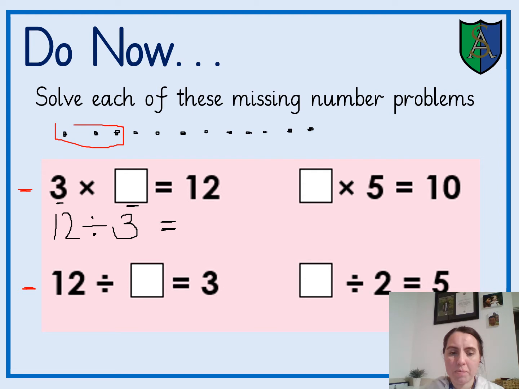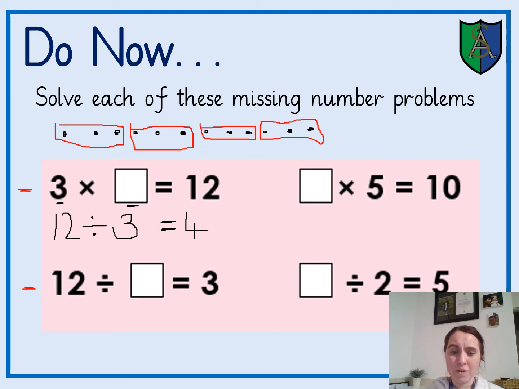There's 1 group, 2 groups, 3 groups, and 4 groups. Okay, so now I can work out the answer, because how many groups of 3 do I have? Well done if you said 4, because 12 divided by 3 is equal to 4.